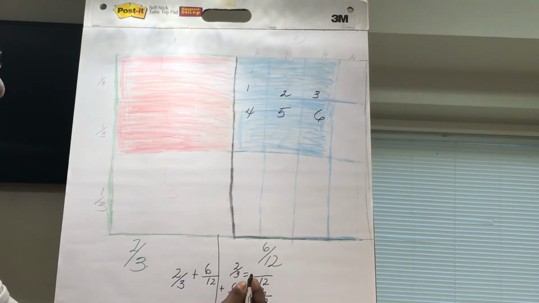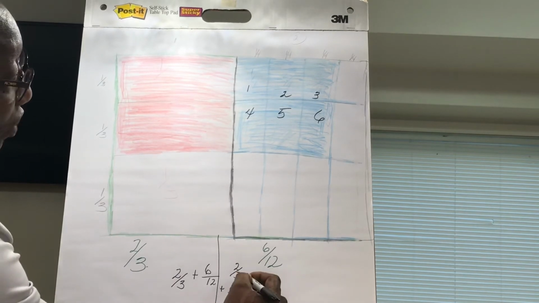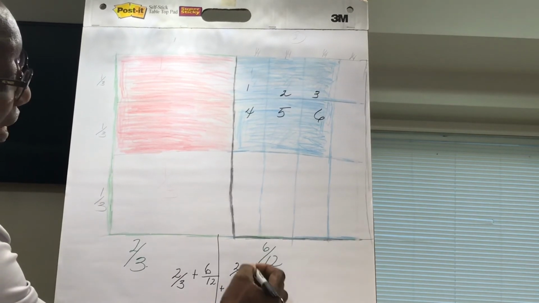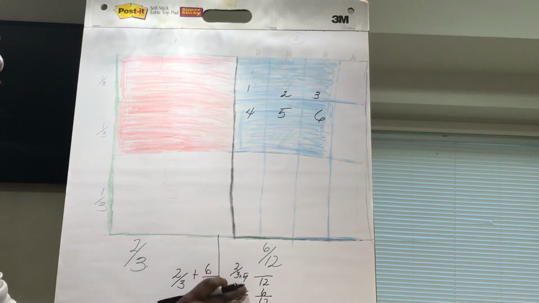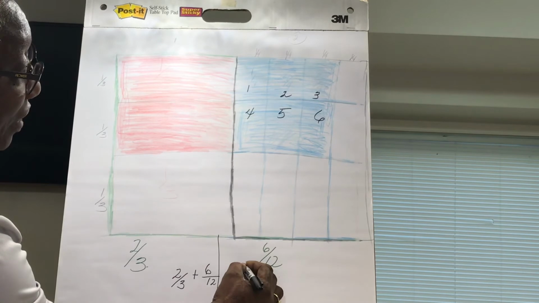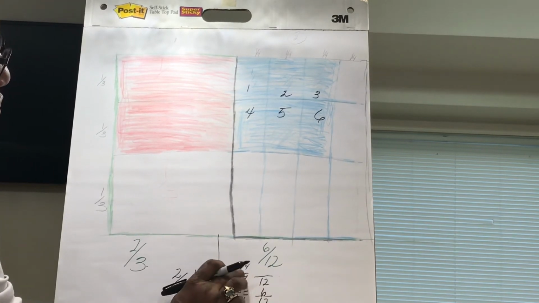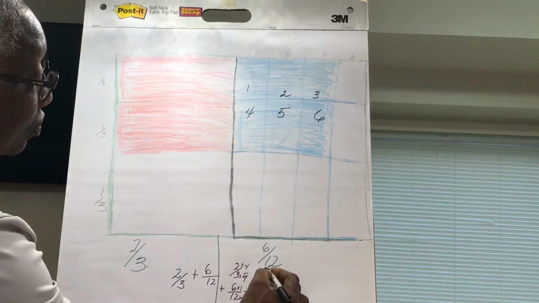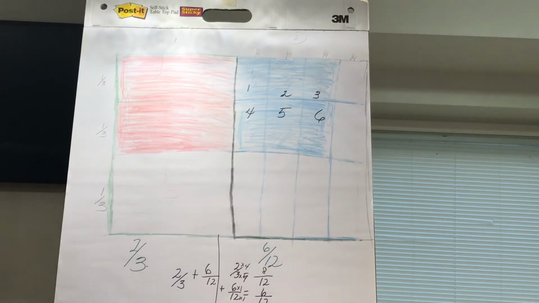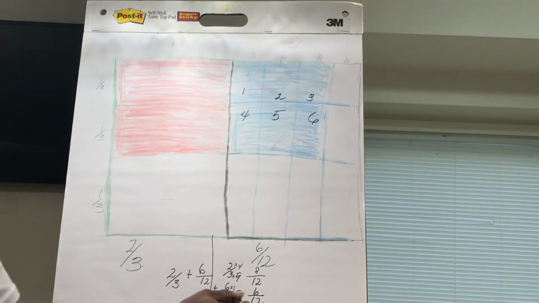Okay? What happened to 3 in order to get it to 12? You had to multiply by 4. If you multiply the denominator by 4, you must also multiply the numerator by 4, and 2 times 4 is equal to 8. Now that the denominators are the same, we can add the numerators.